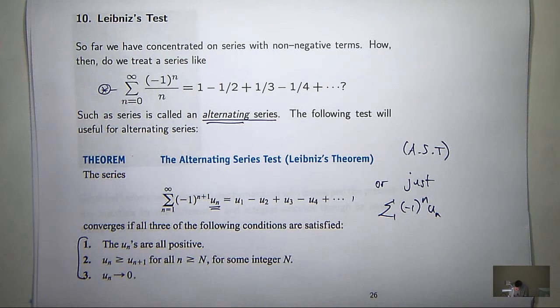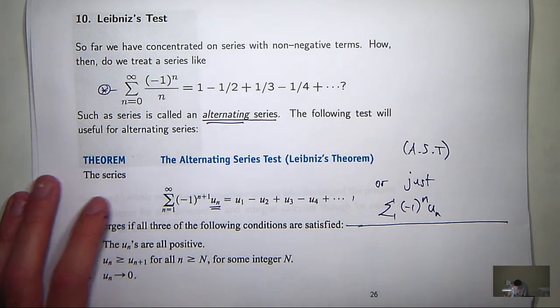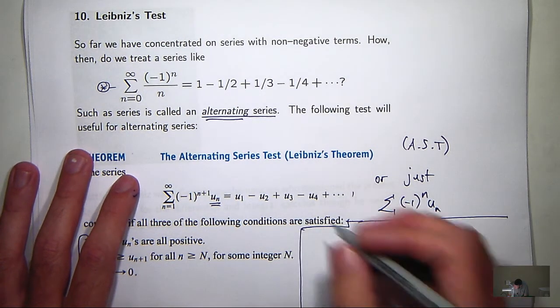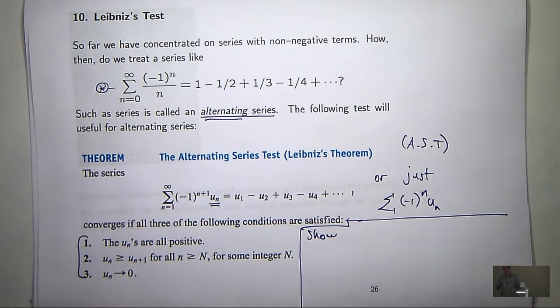So where does that come from? Well, I'm not going to prove it. I'll just give you a little outline of where it comes from. With a lot of the proofs for these tests, it relies on working with a sequence of partial sums.